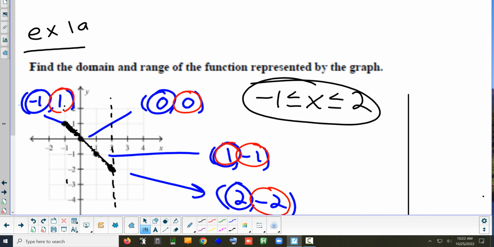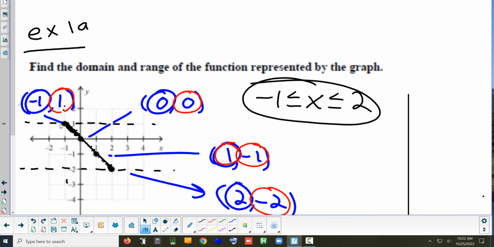And then for range, what letter in the coordinate is range usually connected with? Yep, the y coordinate. So range isn't left to right. Range is up to down. So you look at how high it goes, and you look at how low it goes.